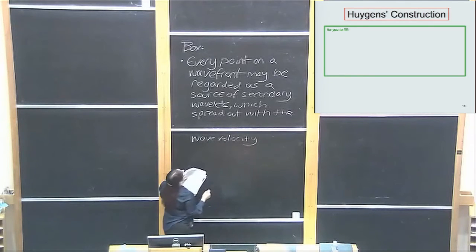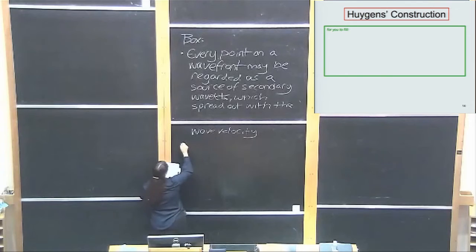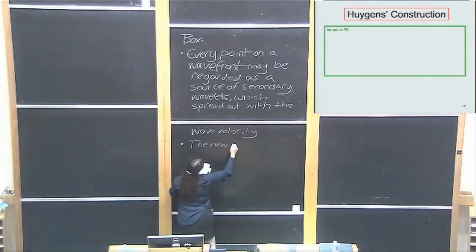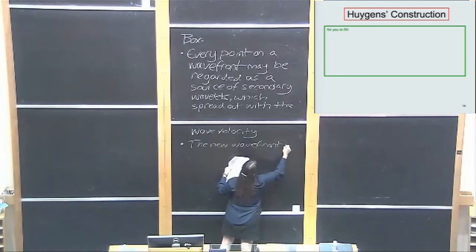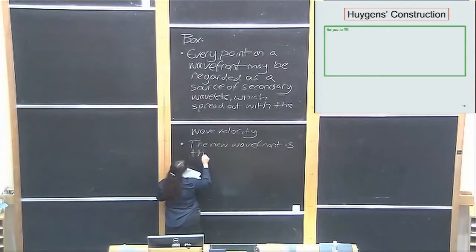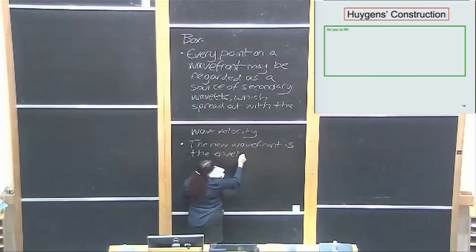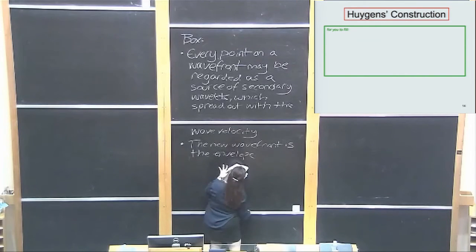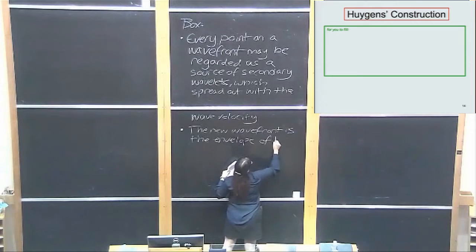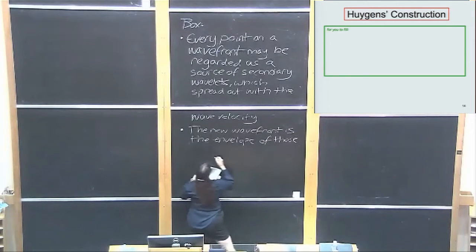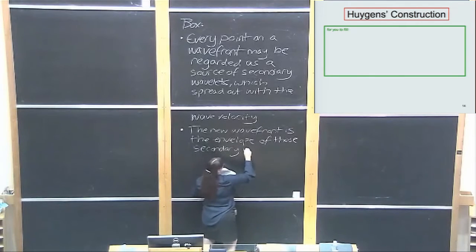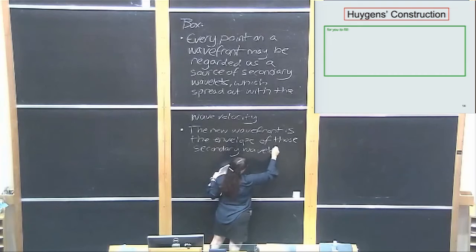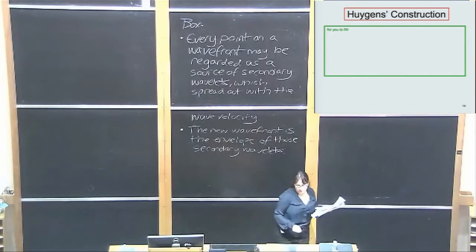For me, it's a bit bigger than 5 lines, sorry, because I'm trying to write big. And then the final bit: the new wavefront is the envelope or the tangent of these secondary wavelets. Okay, so that's his construction. Well, that's what he said one should do to get the answer.